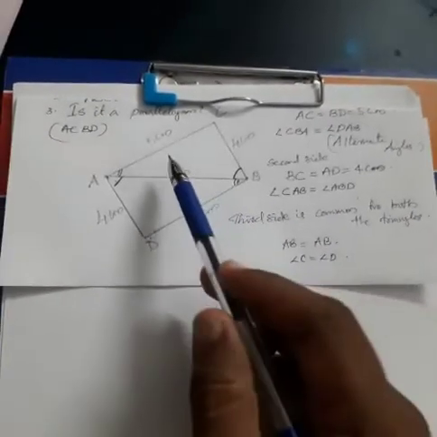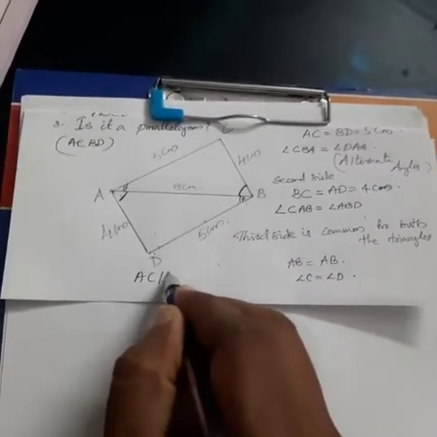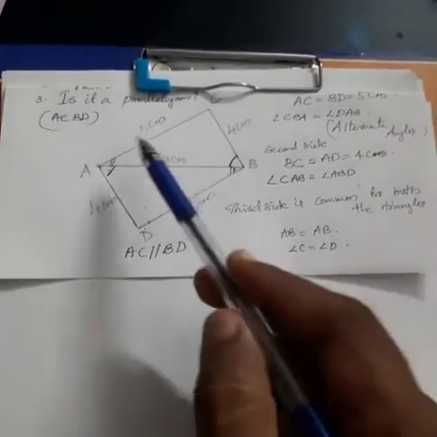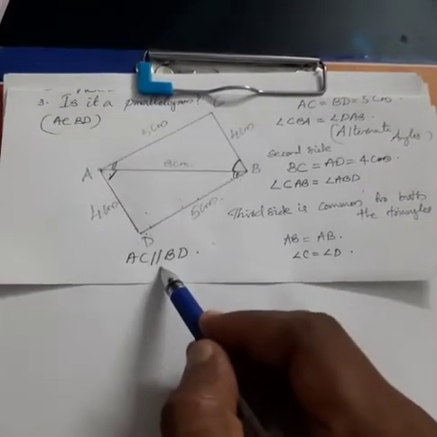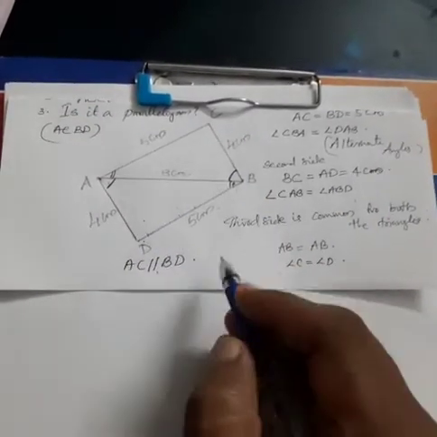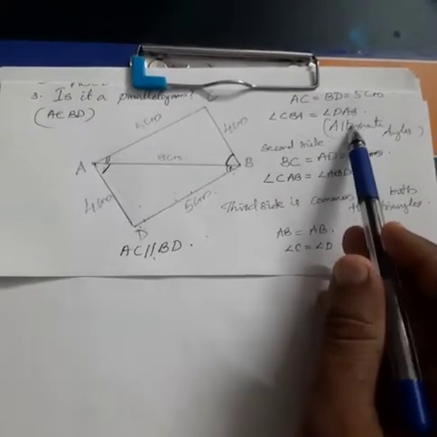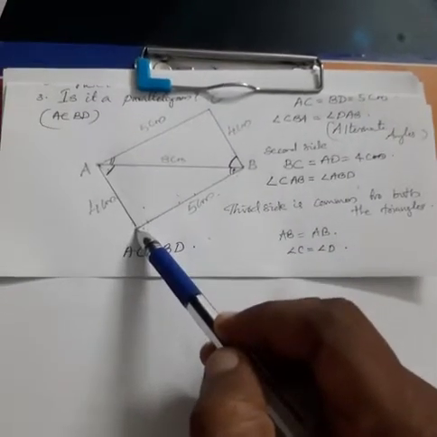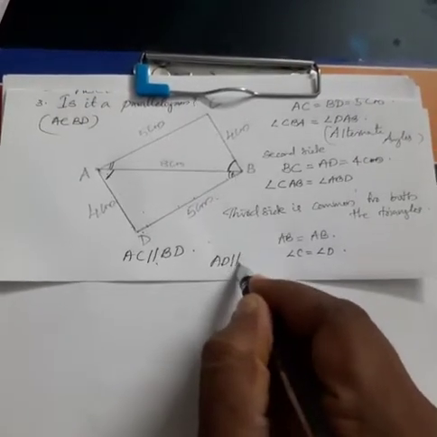The angles opposite to these sides are equal. We can write AC is parallel to BD. You know, in the case of a parallelogram, opposite sides are parallel. Same like that we can find the parallel side of these two. Angles CBA and DAB are alternate angles, opposite of BC and opposite of AD. So AD is parallel to BC.